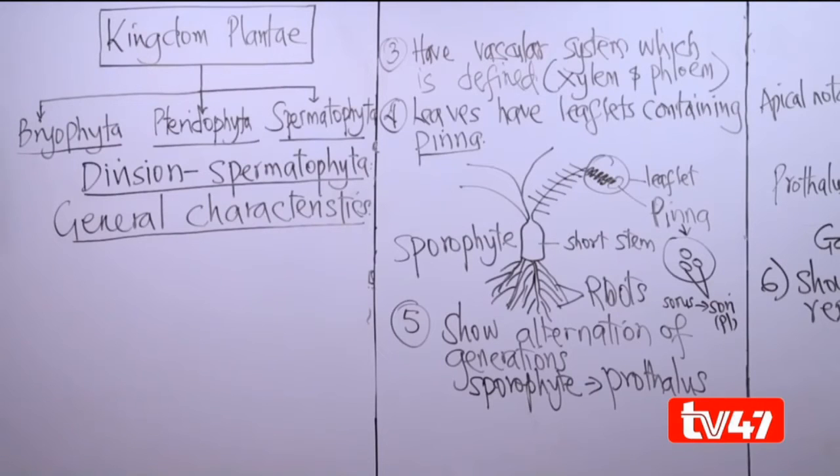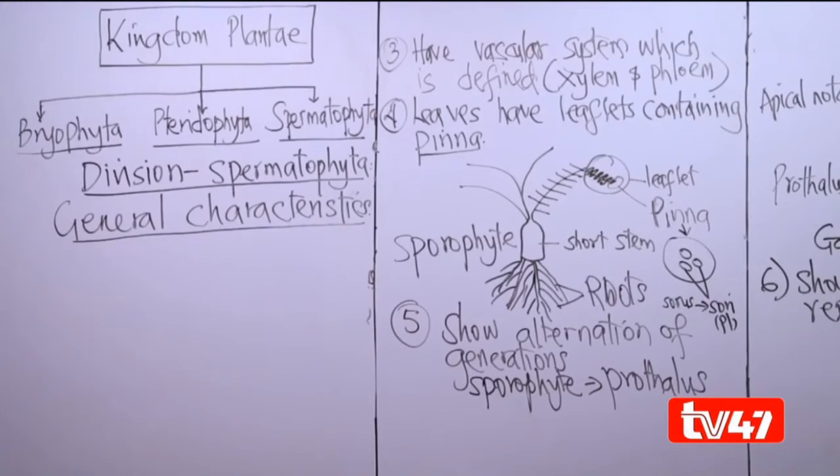This division, first of all, comprises seed-bearing plants. That one we already know. These plants are the ones that bear seeds, so they have structures that do that. We shall look at them in detail by looking at the subdivisions, as they are even classified into subdivisions.